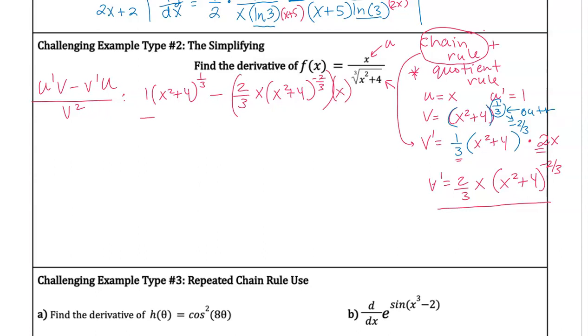So that's my numerator, and it's all over my denominator squared. So I'll think of that as x squared plus 4 to the 1/3, and then all of that as being squared. So first I'll simplify a little bit, and then I'll simplify a lot.